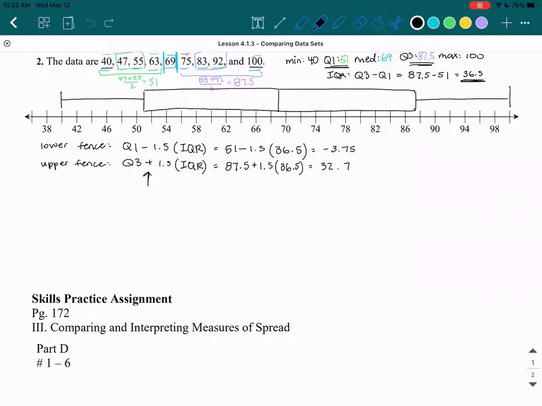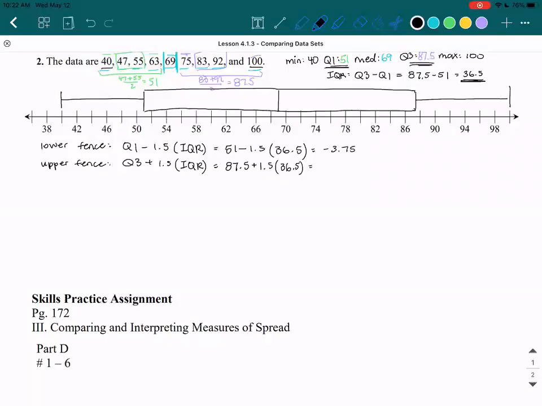Let me fix my mistake. So we want 87.5 plus 1.5 times 36.5, and then that gives us 142.25. All right, sorry about that little mistake. It happens to everyone, but here we go.